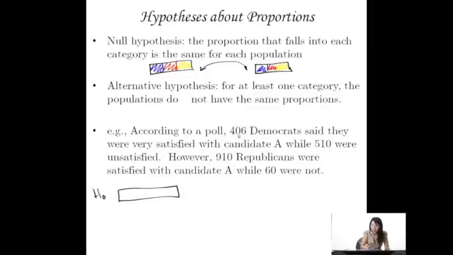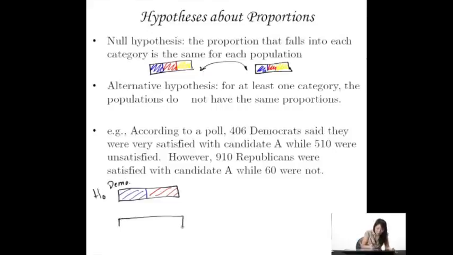Here we have about 400 Democrats saying they're satisfied, while 500 say unsatisfied. Let's put satisfied in blue, and so that's a little bit less than half. And the unsatisfied people are a little bit more than half, right? So this is the Democratic population. That's what they look like.